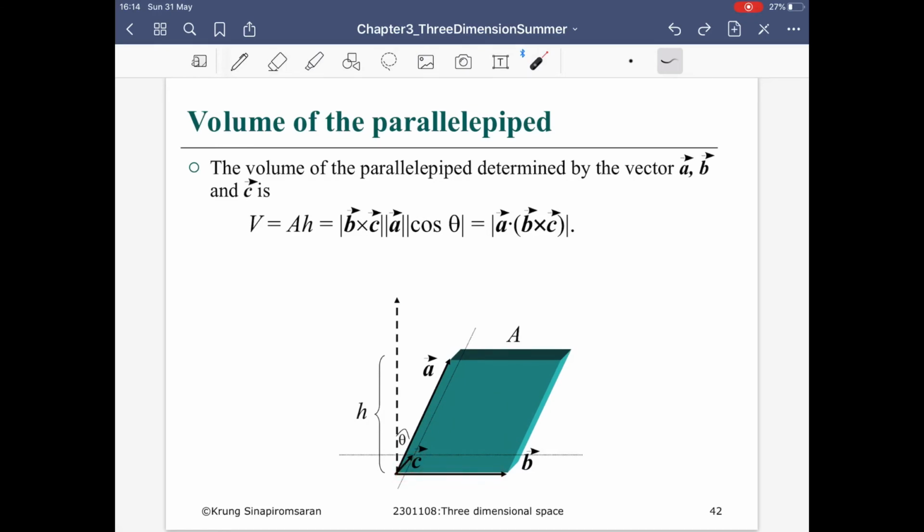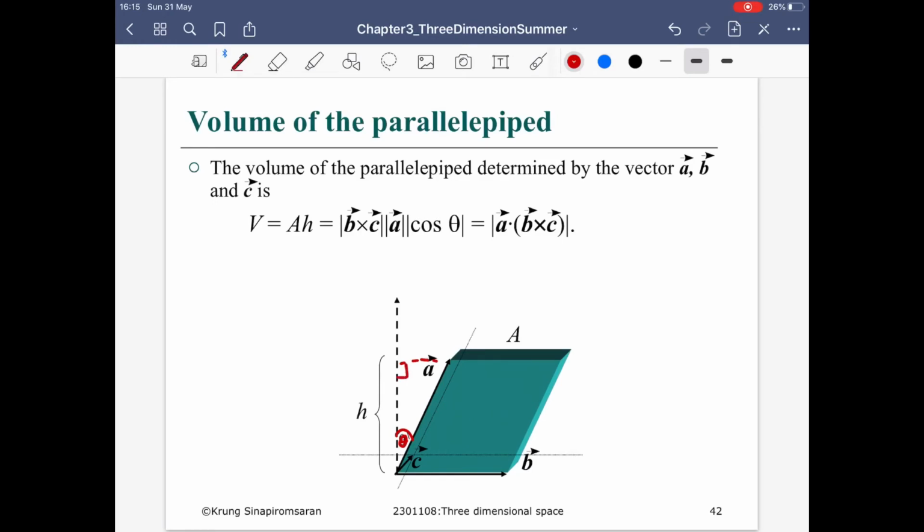So we simply use the what? The cross product between B and C, right? And then you want to determine the H, okay? So here is again the right triangle with the angle theta over here. To find the H, you can do the what?